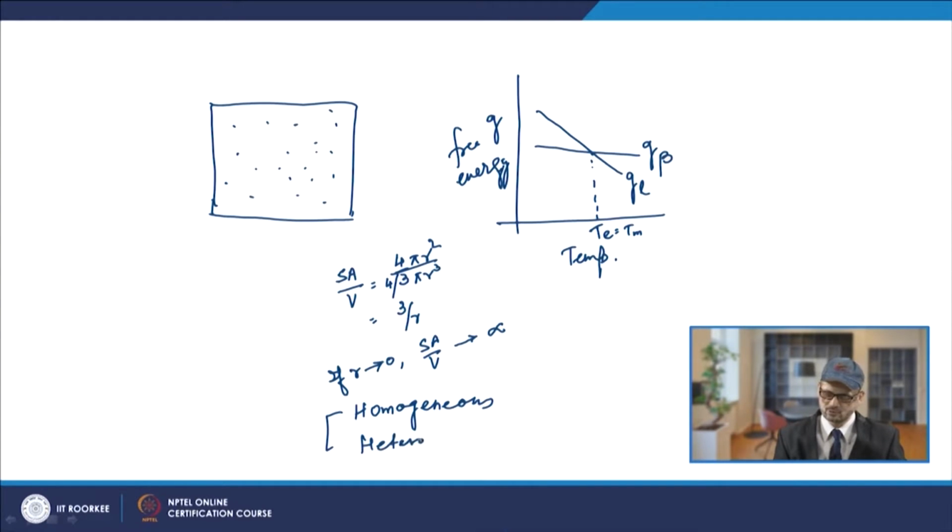In homogeneous nucleation, the probability of nucleation at all the sites inside the domain is identical, and in heterogeneous nucleation the probability of nucleation at preferred sites is higher. In the normal case, when you have a domain and you do not have any preferred nucleation sites, that will be homogeneous nucleation.